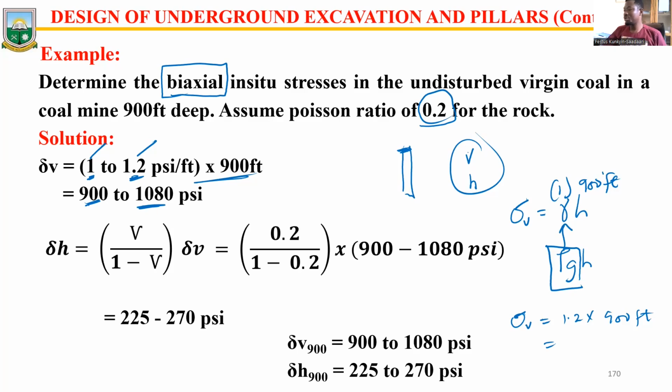And so you use this formula, and that is your Poisson ratio over 1 minus the Poisson ratio times the vertical stress. So here you have, let me clean this.